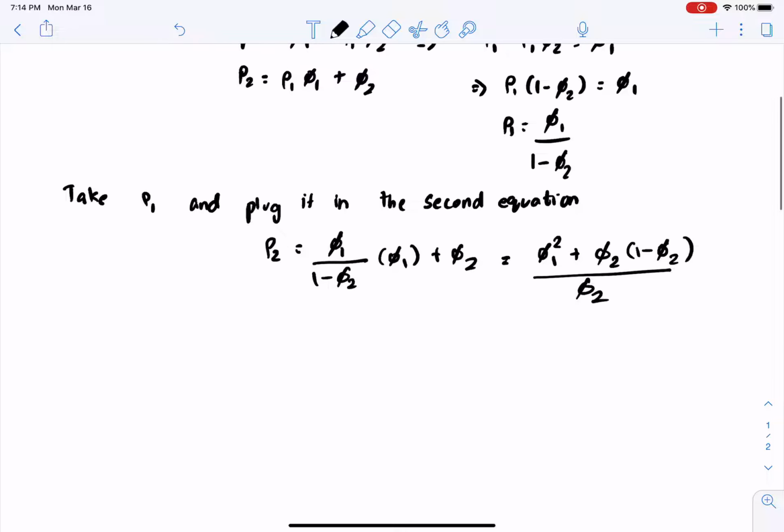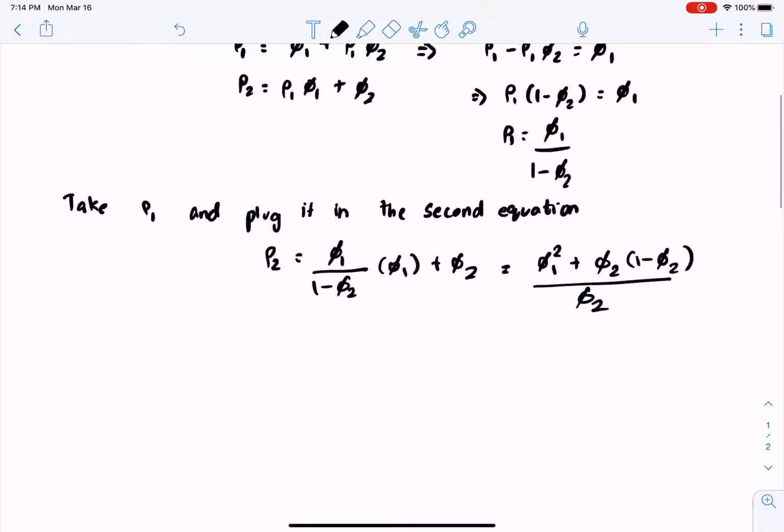So that would be the expression for ρ2. We could either leave it as is, or we could write it as phi1 squared minus phi2 squared plus phi2 divided by 1 minus phi2. So if we have the coefficients, we can find the autocorrelation using the formulas that we derived just now.